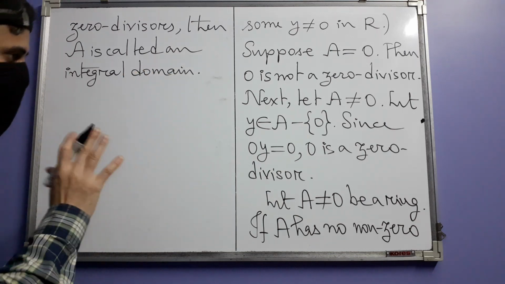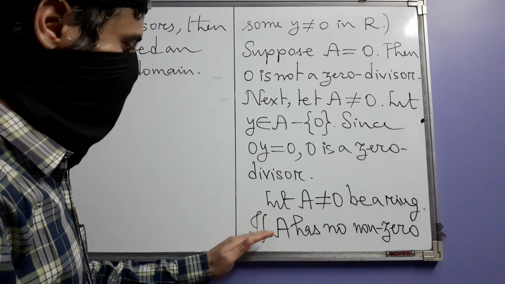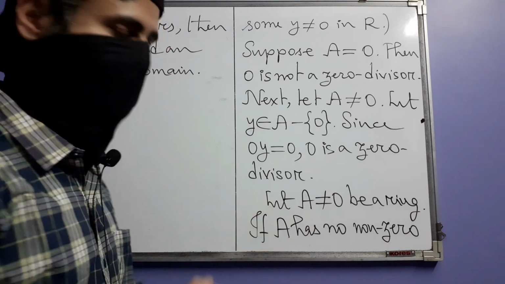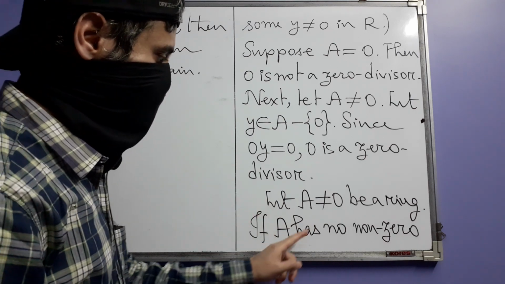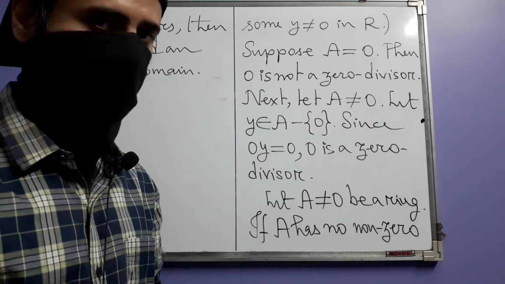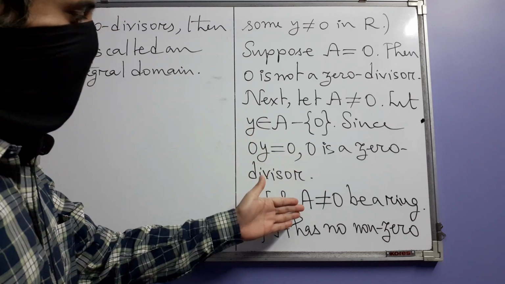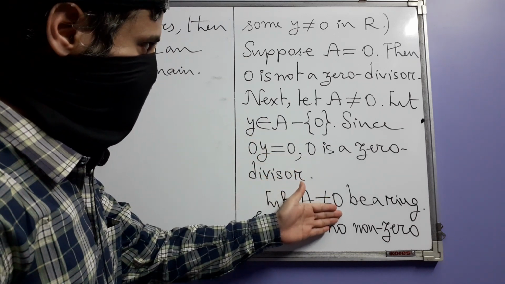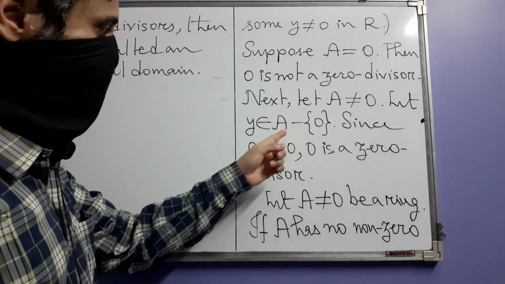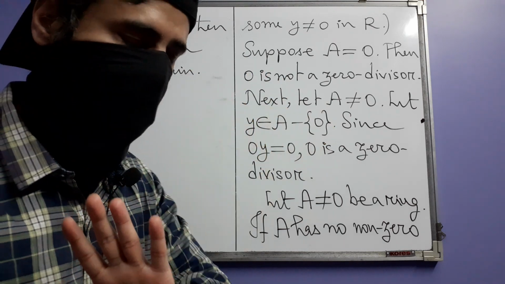Now, before going back to Herstein and seeing what he calls an integral domain, let us just digest this one a little bit. We have already understood that A needs to first of all be a non-zero ring. Then automatically when A becomes a non-zero ring, we have a zero divisor which is 0. That is always there.